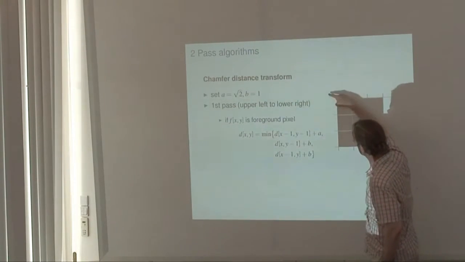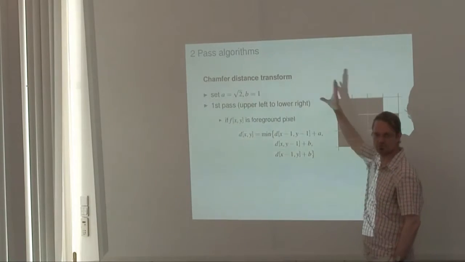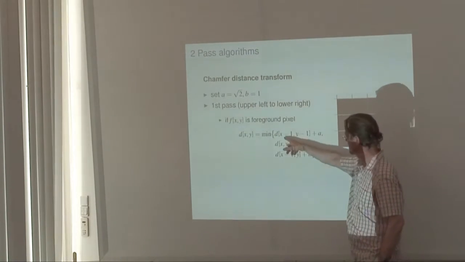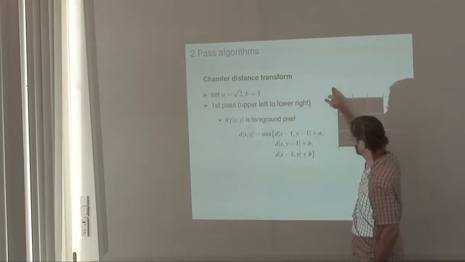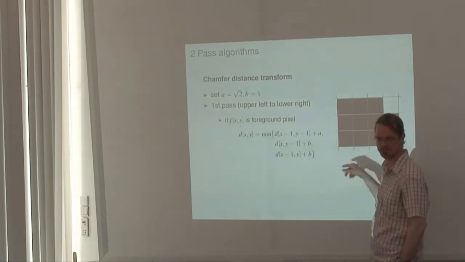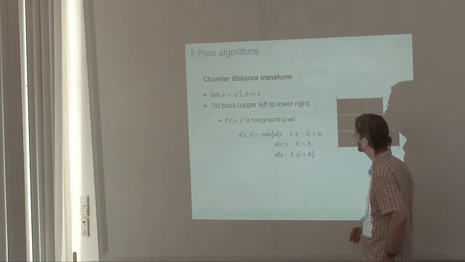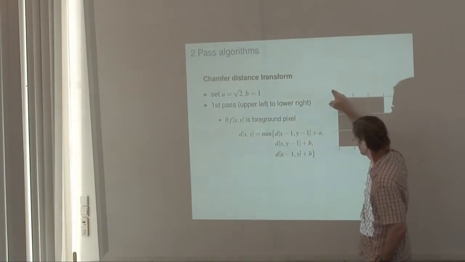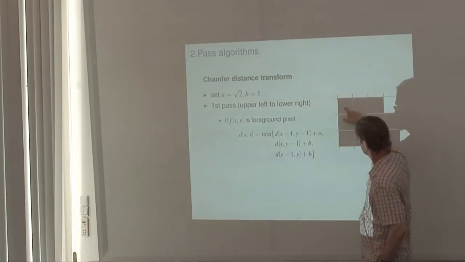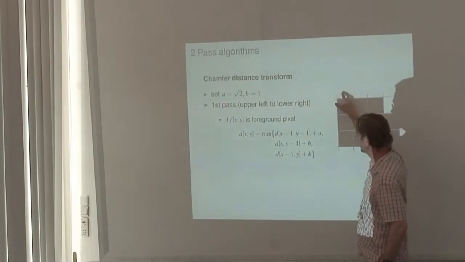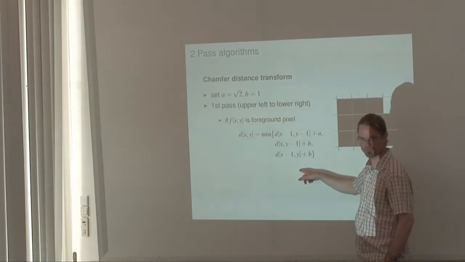Again, according to the three neighbors to the upper left. Right? So we have x minus 1, y minus 1. I'm using the mathematical notation here, but for matrices you get this. So x minus 1, y minus 1, x, y minus 1, and x minus 1, y. Right? These three pixels are being considered here.